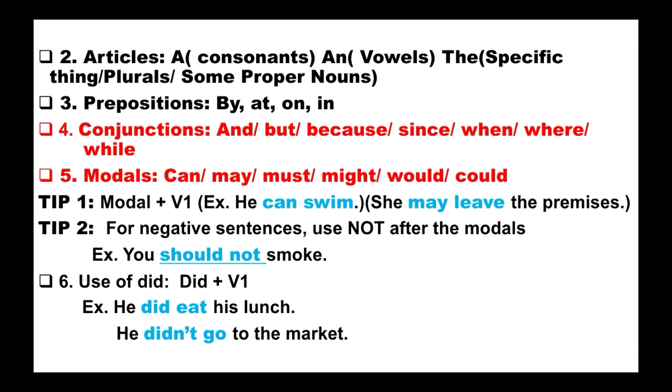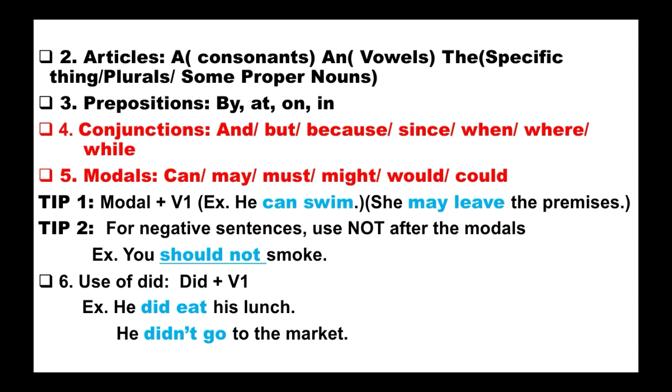With modal I am using swim, that is first form of verb. Same with leave, that is first form of verb. And then for the negative sentences where we are using modals, not should be used after modals. You should not smoke. You cannot go. You cannot sit. So not should come after the modals.